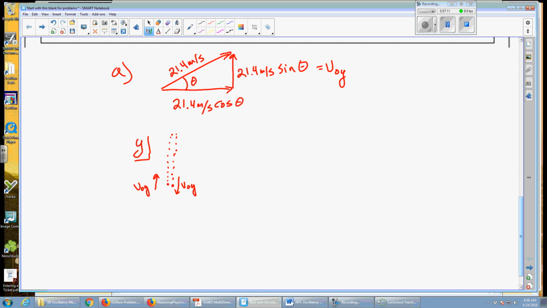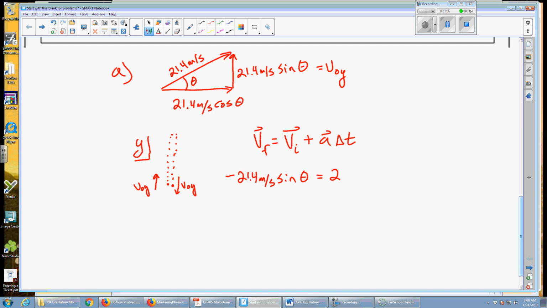And so from my equation sheet, I'm going to pull that v final equals v initial plus a delta t. And my v final is going to be negative because it's downwards: negative 21.4 meters per second sine of theta.